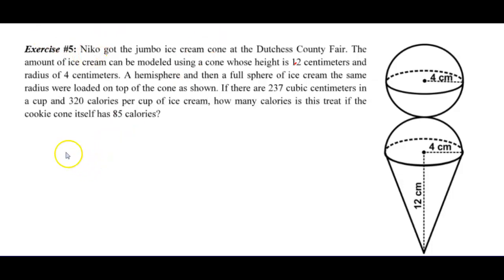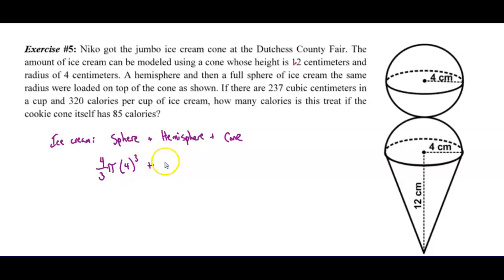So the ice cream component: we have a sphere on top, and we have a hemisphere sitting on the very top of the cone, and then we have the cone, right? The volume of a sphere, we're going to do 4/3 pi r cubed, which would use the 4 for the radius.